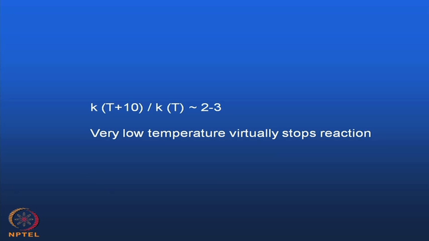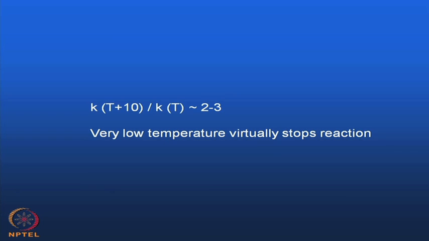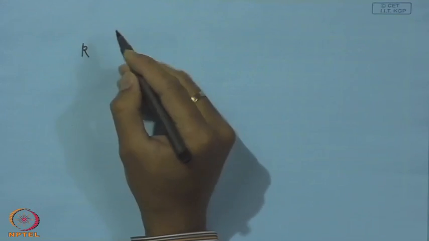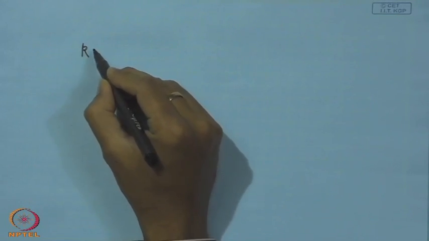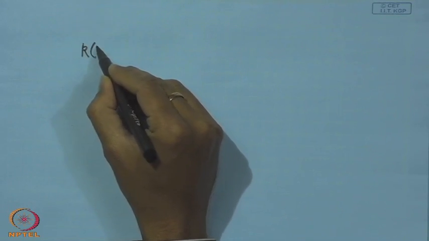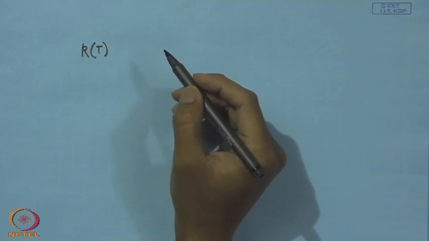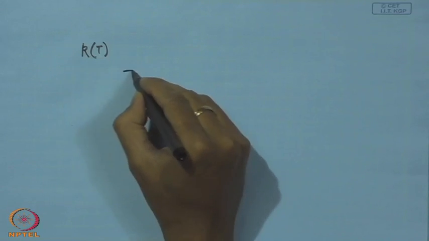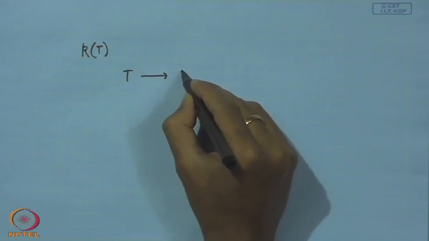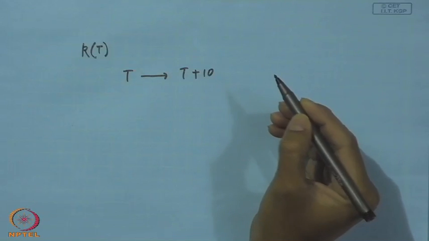It is a general experience that when you study a chemical reaction at a temperature T, and you increase the temperature from T to T plus 10 degrees, suppose you have the value of the rate constant at temperature T, and now the temperature is increased to T plus 10 in Kelvin.